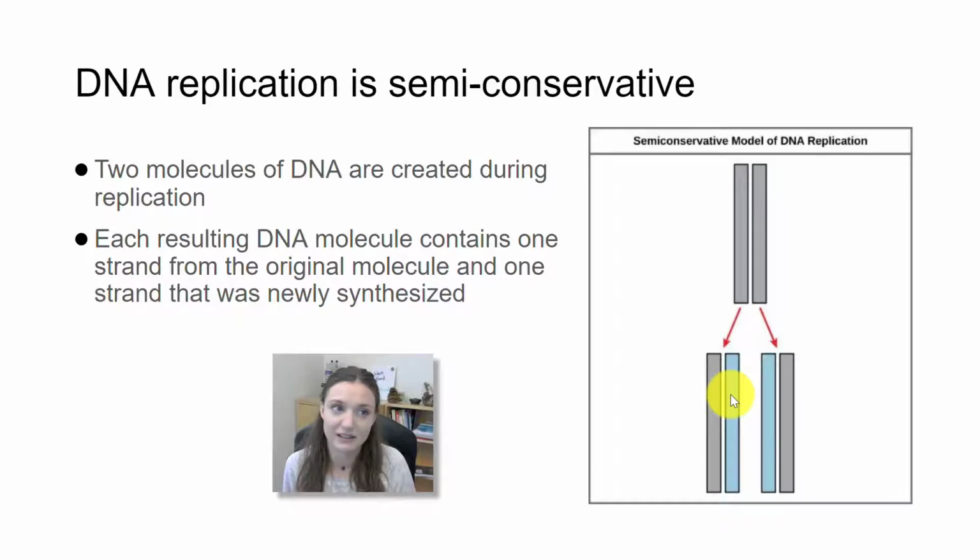So we call this whole process semi-conservative because we use some of the old DNA, but we also create some new DNA. We synthesize some new DNA polymers. So DNA replication results in one molecule splitting in half, and then we get two molecules, each half old and half new DNA.